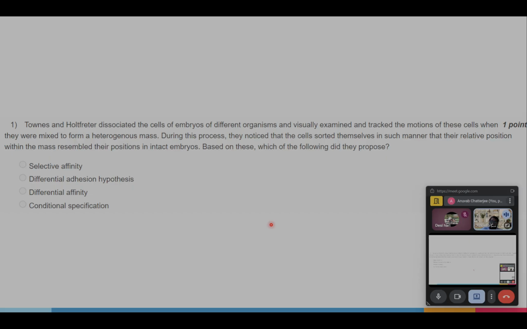So I will give you a moment to try and figure out what will be the correct answer, and then we will look at the concept behind the question.